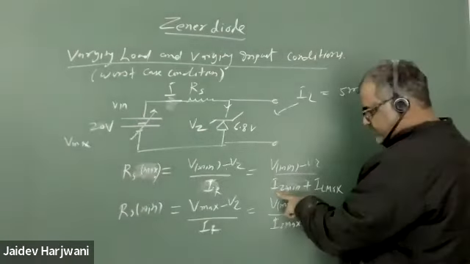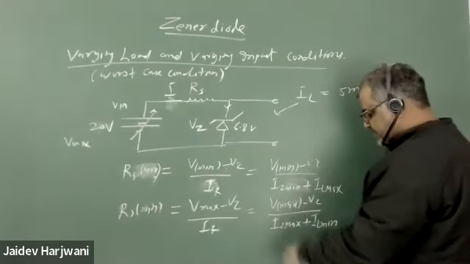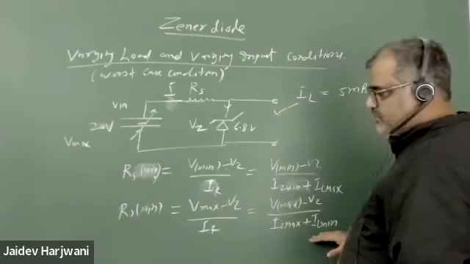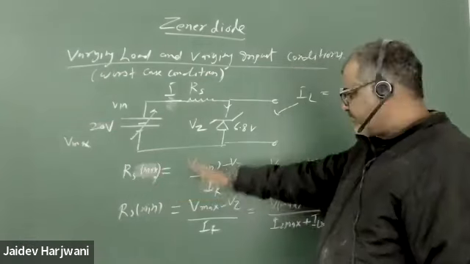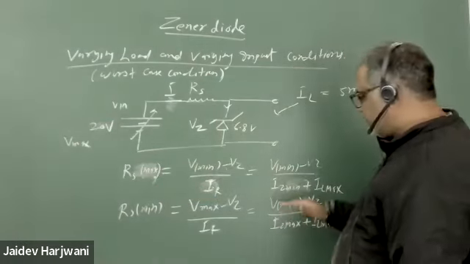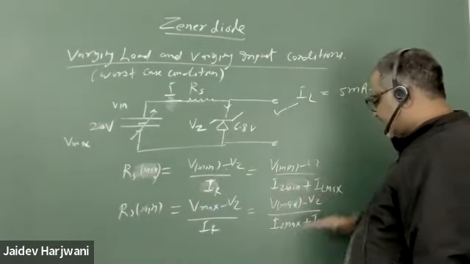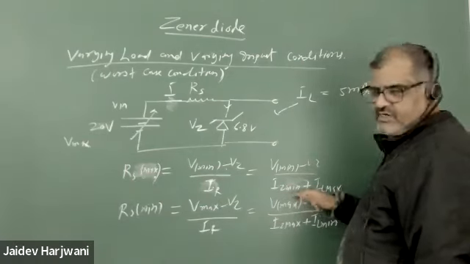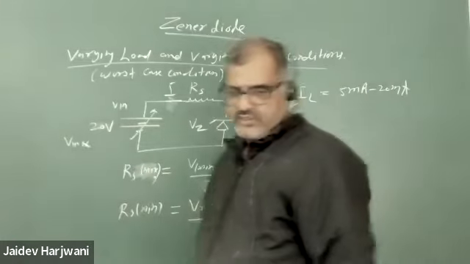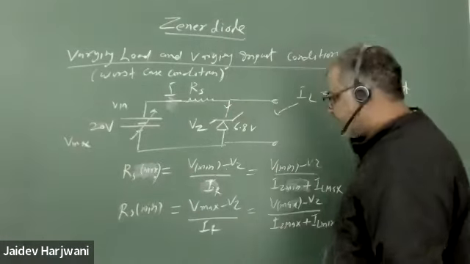Similarly here, you can take IL minimum equal to 0, then this limit will also change. Basically in the question they will give you the IZ minimum and these values. If IZ minimum is not given, then you can take IZ minimum equal to 0. That will not change our criteria.